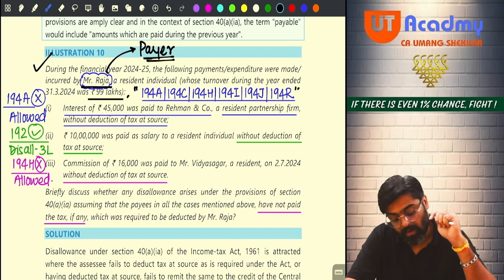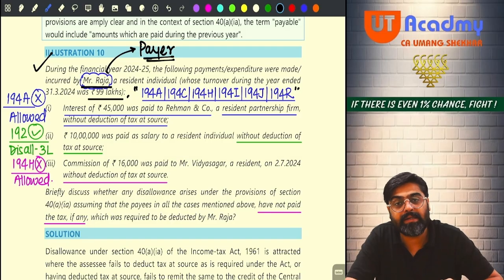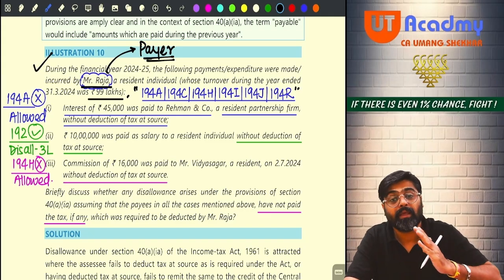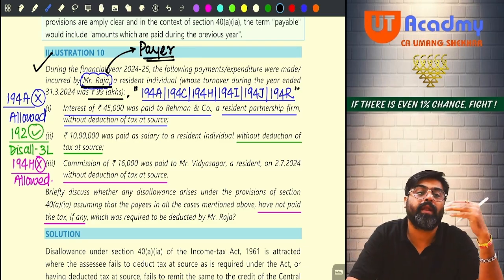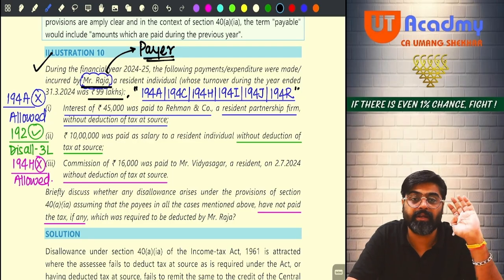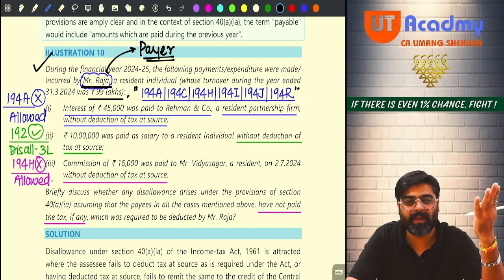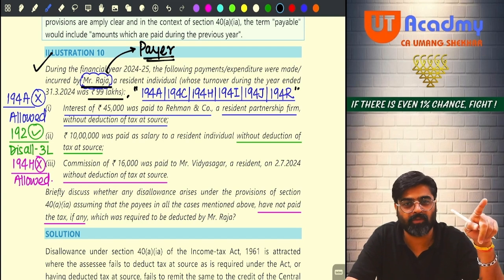Okay. Now, the first payment they are talking about is interest of 45,000 paid to Rahman and Company, a resident partnership firm, without deduction of tax at source. See, he has paid some interest to a partnership firm, and that partnership firm is a resident. I told you the payee can be any person but has to be a resident. So the payee can be a partnership firm?